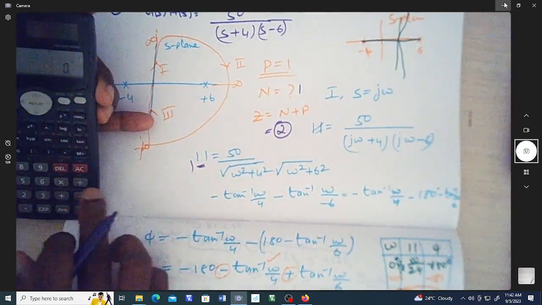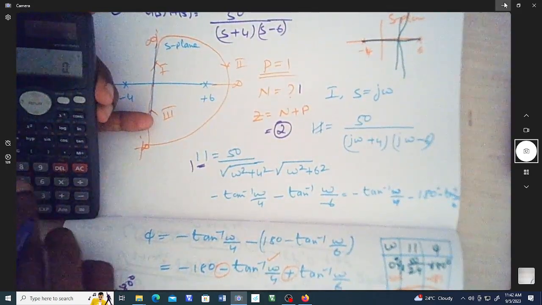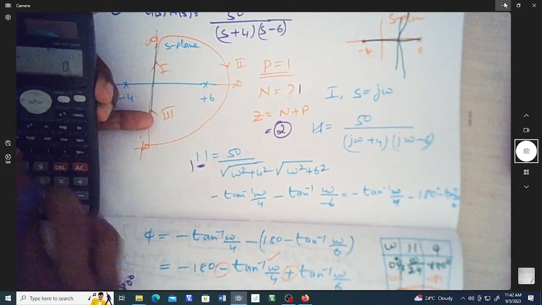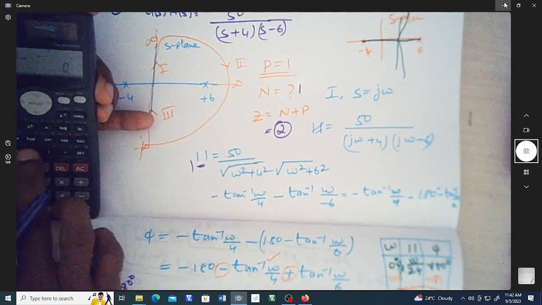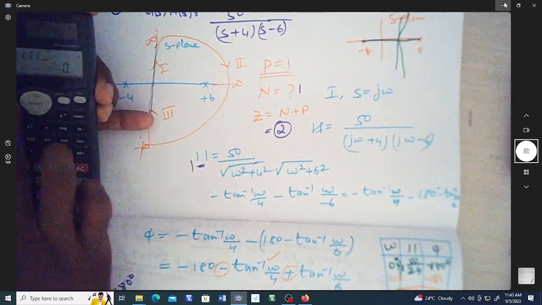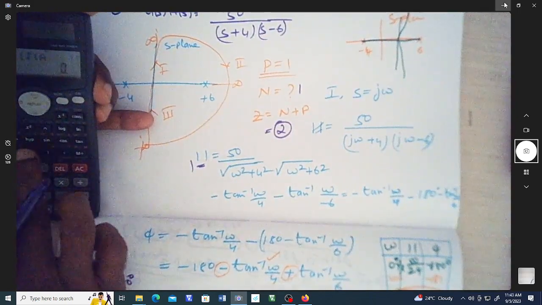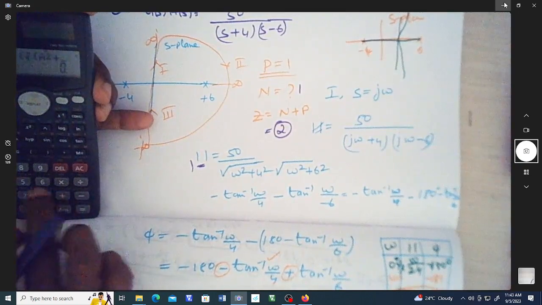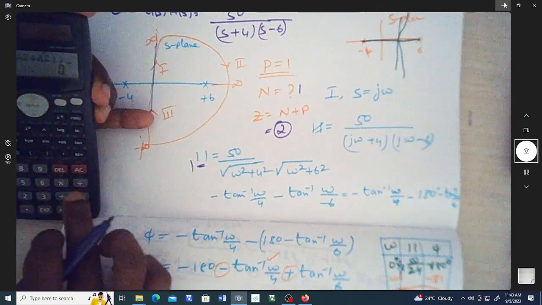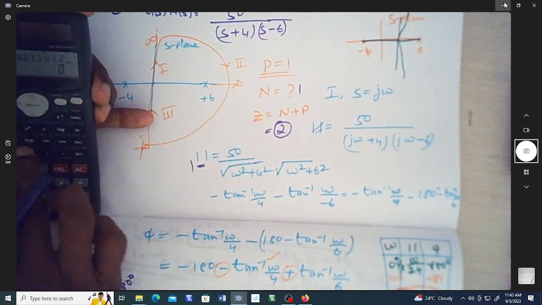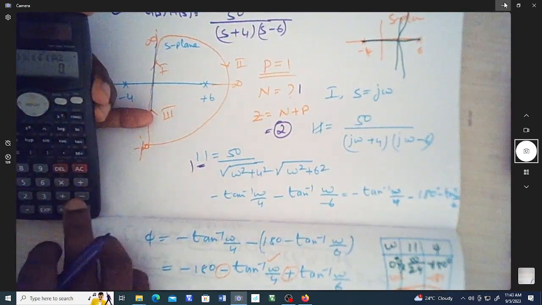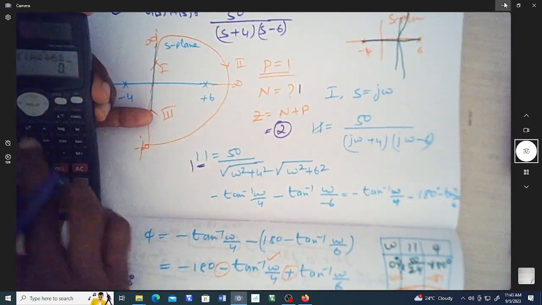So it is now 50 alpha equals the square root of alpha a square plus 4 square, into the square root of alpha a square plus 6 square.